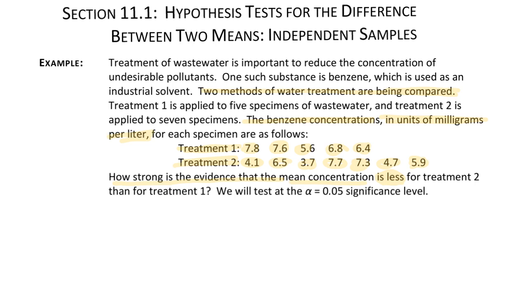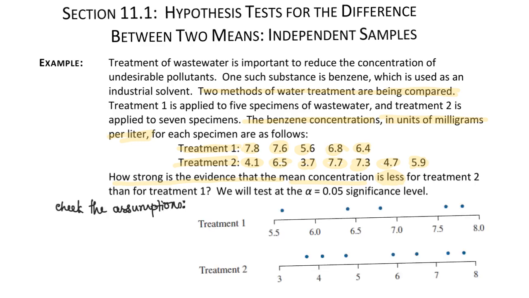So first check for assumptions. Because the samples are small, we must check for strong skewness or outliers. So we construct a dot plot for each sample. Here no outliers, no evidence of strong skewness. So we can proceed. Let's use the next page to write down the solution.